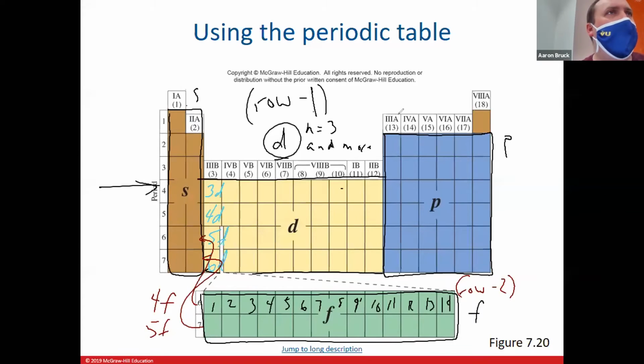Now, the chances of us actually talking a whole lot about F sublevel chemistry is pretty remote. I have incredibly limited interactions with most of those substances, other than uranium. You're talking to a guy who's been doing chemistry for about 20 years now.